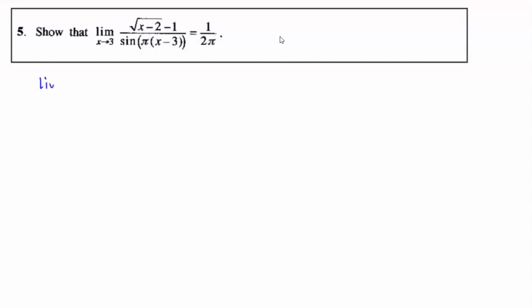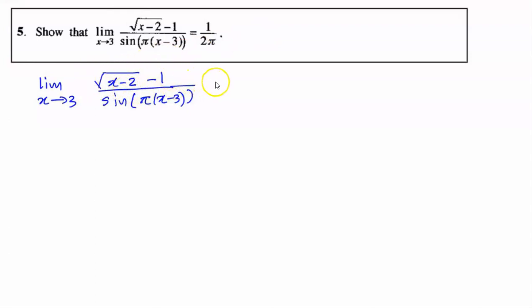Now this one is asking you to find the limit when x goes to 3 of this complicated looking expression, with sine pi times (x minus 3) in the denominator, and we have to show that this is equal to 1 over 2 pi. Because of the root, I'm going to multiply the numerator by its conjugate.